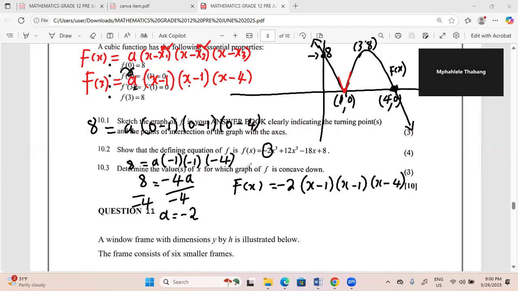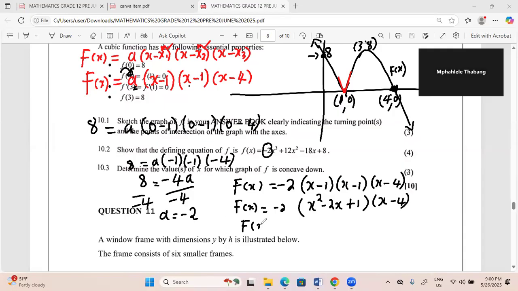Now you expand f of x equals negative 2. Let me expand x minus 1 and x minus 1, so it's x squared minus 2x plus 1, into x minus 4. You keep expanding.